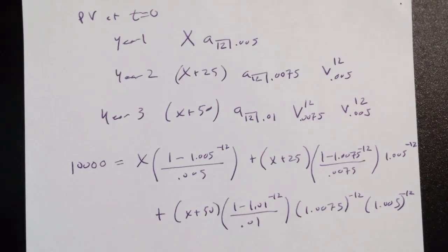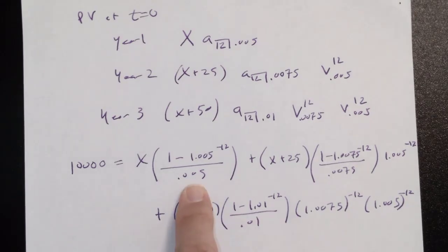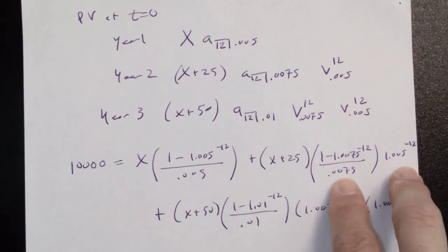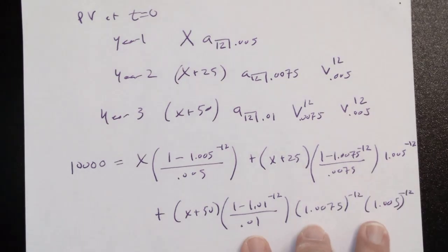I can't do this in that time value of money solver on the calculator in one step because the interest rate kept changing. And the TVM solver only works for constant interest rates. So I need to calculate this number. I need to calculate these two numbers and multiply them together. I need to calculate these 3 numbers and multiply them together. And then I can solve for X.